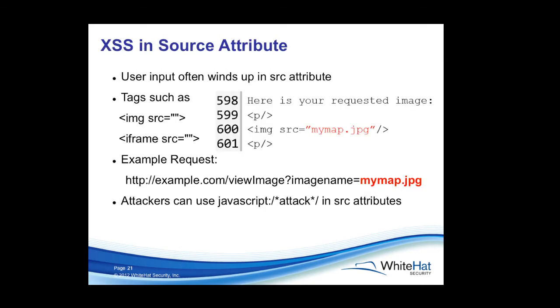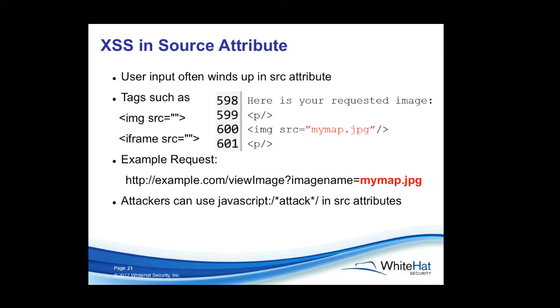Here's an example of cross-site scripting in a source attribute. Here we have the image name, mymap.jpg, being placed directly in an image tag. Now, even though this is an image, make no mistake, this is a complete URL that's being put into a source attribute. So if we're expecting a full URL here, we want to, again, canonicalize the URL, make sure it's a legal URL, make sure it's a URL of only a safe type, HTTP or HTTPS.